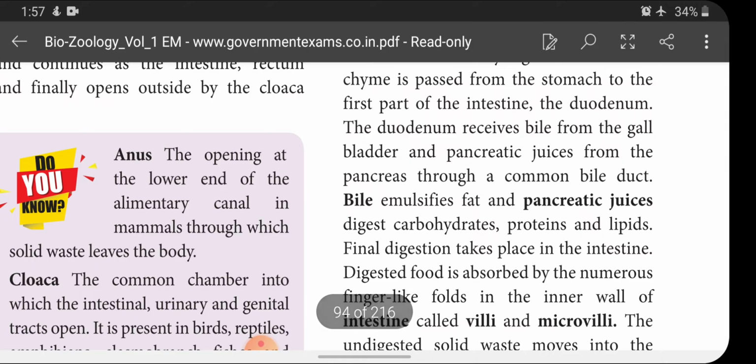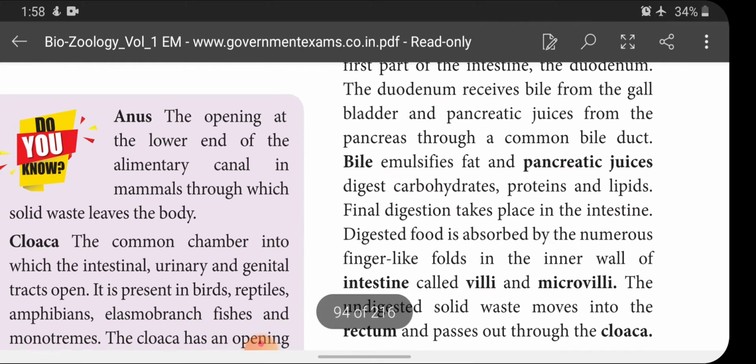The duodenum receives the bile from the gallbladder and pancreatic juice from the pancreas through a common bile duct. In the duodenum, the food is mixed with bile and pancreatic juice. Bile is secreted by the liver, stored in the gallbladder and sent to the duodenum.